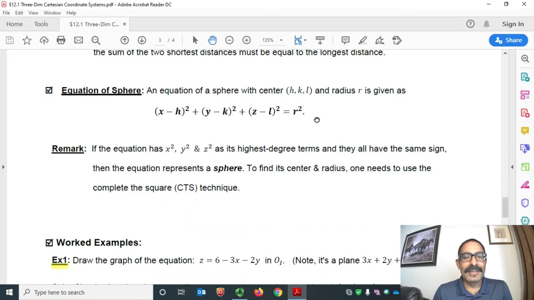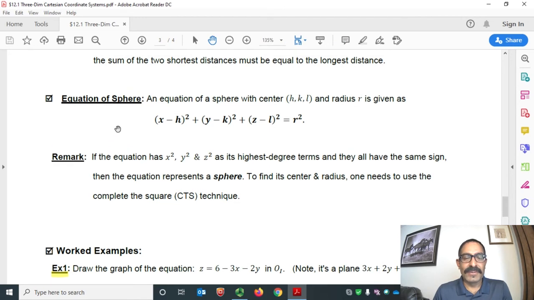Next, the equation of a sphere. An equation of a sphere with center h, k, l and radius R is given by x minus h, squared, plus y minus k, squared, plus z minus l, squared, equals R squared. This is simply adding a third term to the equation of a circle, right?